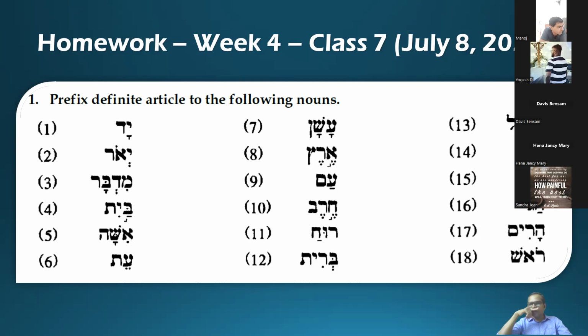So when you have to pronounce that patah, what is the name of that patah placed under khet? There is a special name, a separate name for it. Anyone? Patah furtive. Okay.